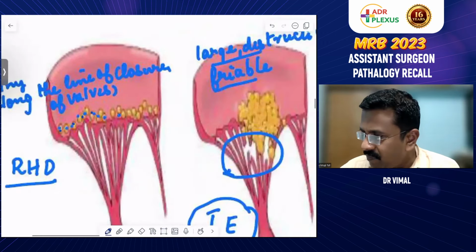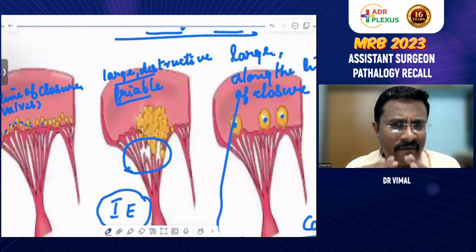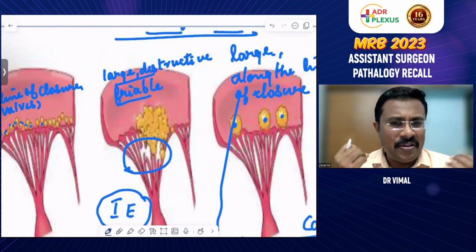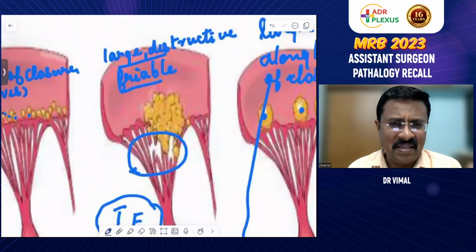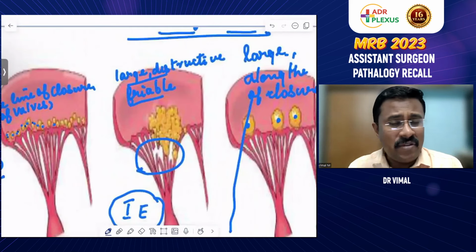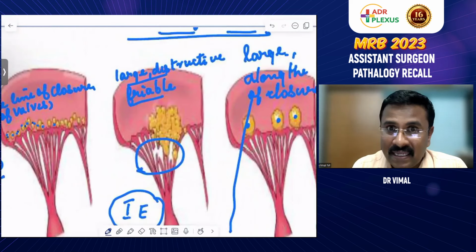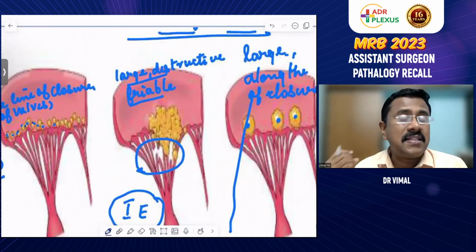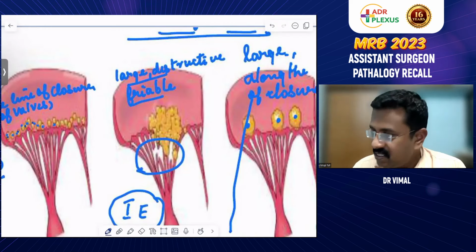And guys, hope you remember the vegetations which are large, destructive, like a cauliflower, friable. You can see this destruction occurring on the valvular surfaces. These are characteristic of infective endocarditis. Please remember this important difference: in infective endocarditis, the vegetations are infected, containing bacteria. But in rheumatic heart disease, these are all sterile vegetations.